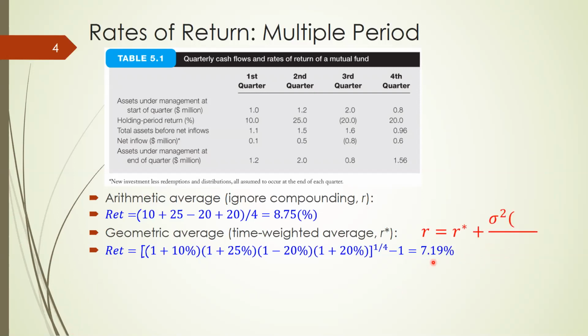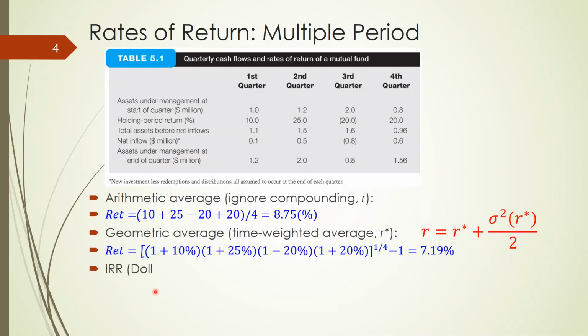Usually, geometric average return is below arithmetic average return because arithmetic average return doesn't account for volatility. Arithmetic return is approximately equal to geometric return plus variance of return divided by 2. So that's why they have this relationship.